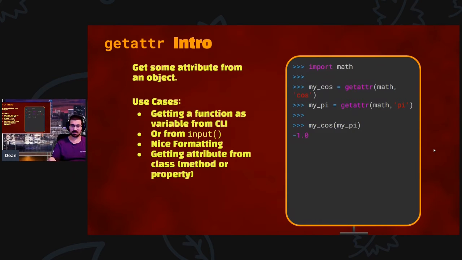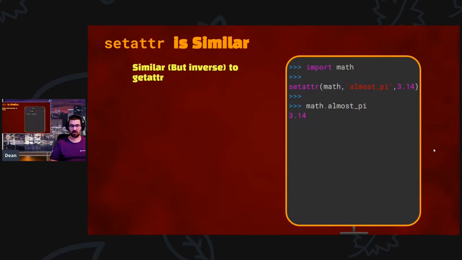That's basically a way to access functions and methods from objects, from any objects. It can be a class, and it also can be an entire module, because everything in Python is an object. So you do this, and then you can ask what's my cosine on my pi, and the answer is -1. The same goes for setattr. So you can basically import math, and then setattr of math, another value that's called almost pi.